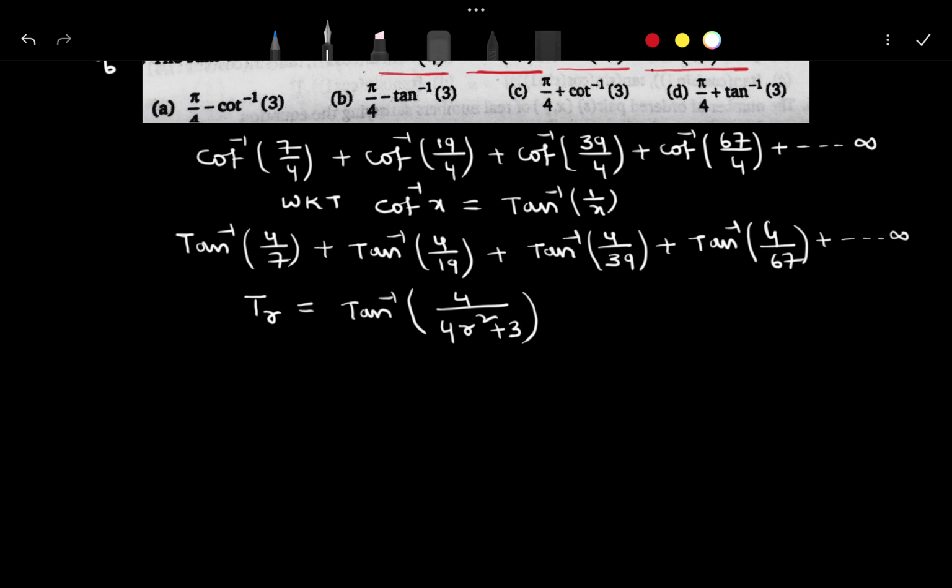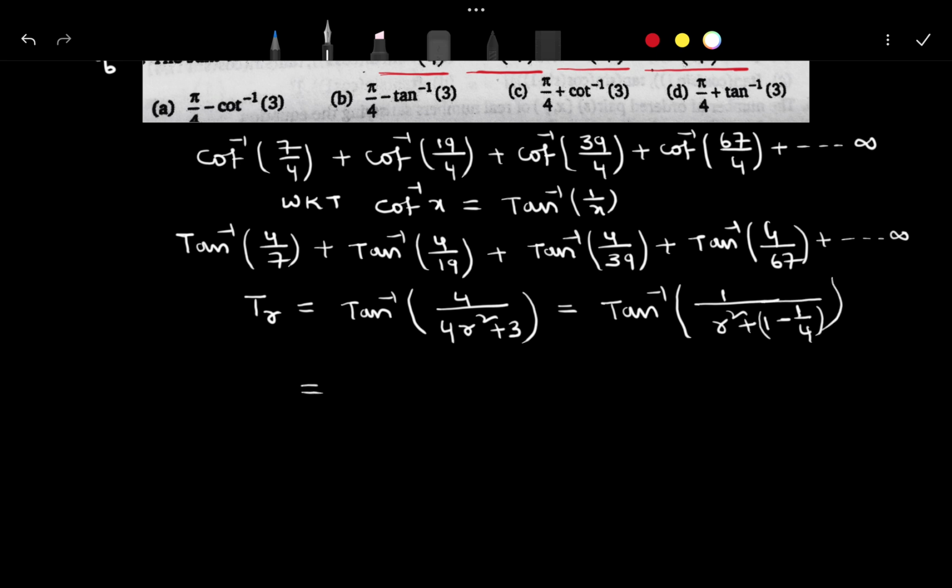How to do this we discussed in the last lecture: divide the numerator and denominator by 4. Then it becomes tan inverse of 1 by r square plus 3 by 4, and 3 by 4 you can write as 1 minus 1 by 4.